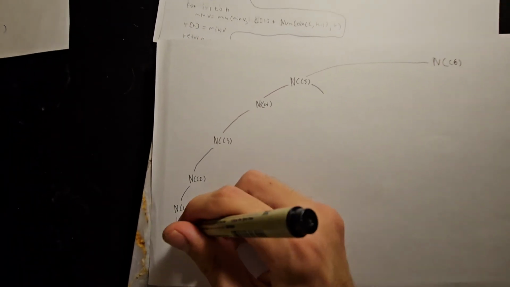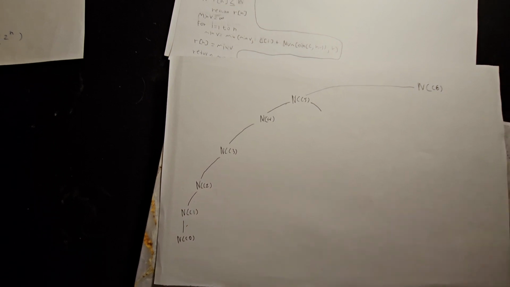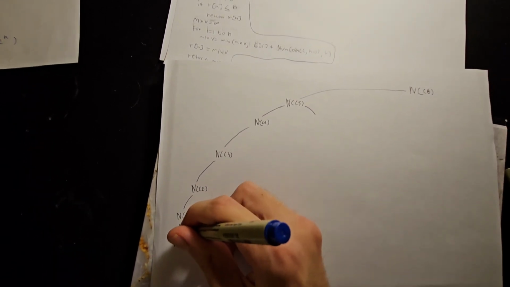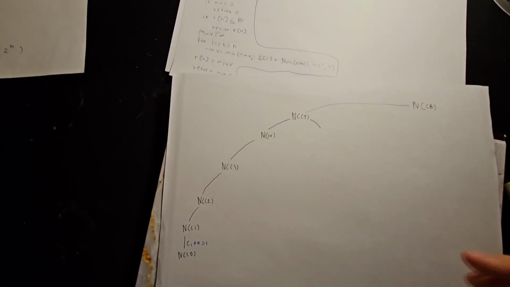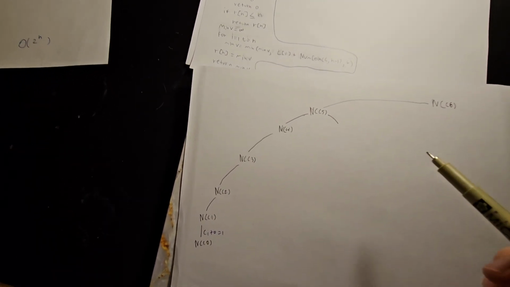So basically the same as last time. This is a C1 plus 0. It's going to equal 1. Now this would save it, however, it's already saved in there. So actually, no, it does save it in there just because they're all equal to infinity at the moment.